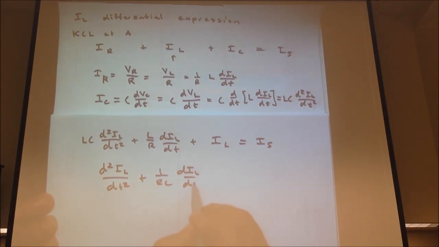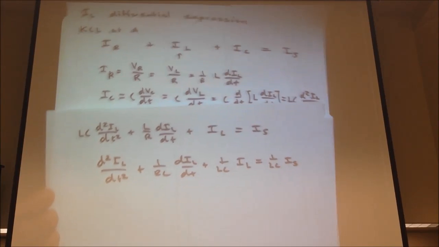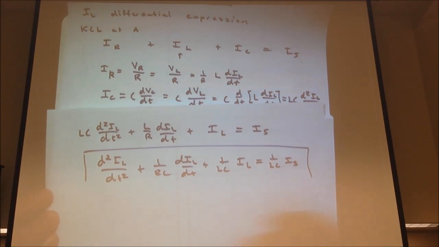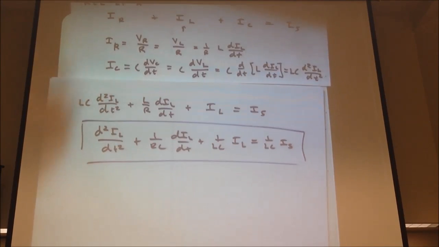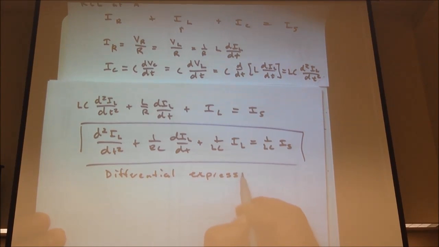We get a differential equation that looks kind of familiar, but not quite the same. And that's again boxable. This is the differential equation for IL in the parallel RLC circuit.